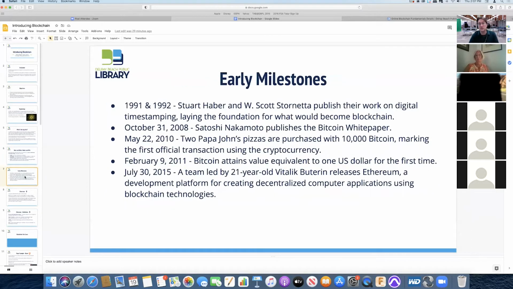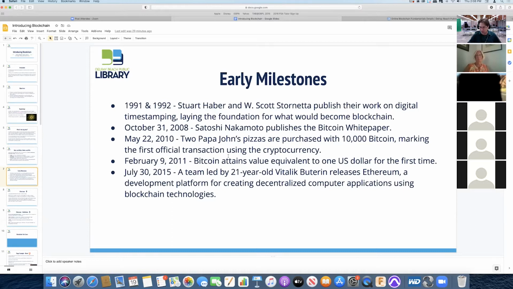Some early milestones regarding the development of blockchain and the first couple of blockchains. Even before Satoshi Nakamoto published the Bitcoin Whitepaper in 2008, you had a research paper by Stuart Haber and W. Scott Stornetta, in which they were doing work on digital time stamping, which laid the foundation for what would later become blockchain.